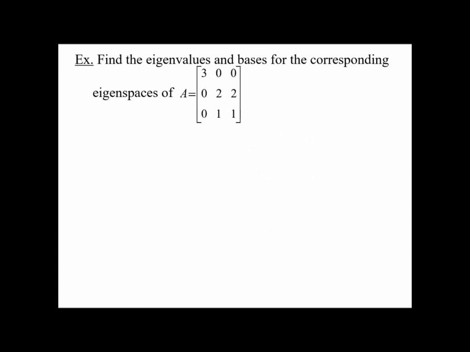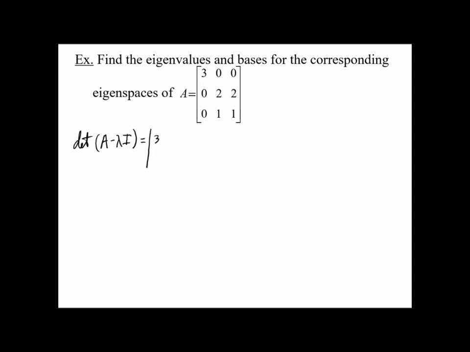Okay, let's try this problem. Let's find the eigenvalues and the bases for the corresponding eigenspaces for this. So one more time, we're going to find the determinant of A minus lambda I. One more time, we're going to subtract lambda from just the main diagonal.